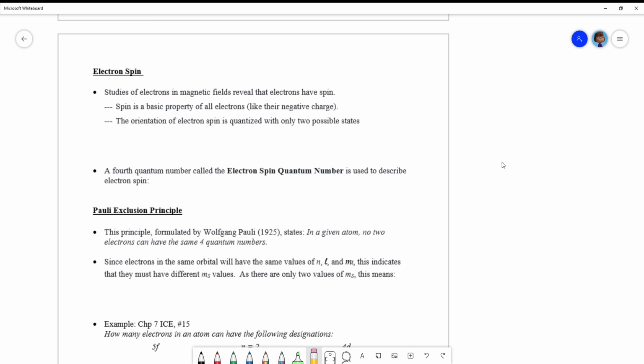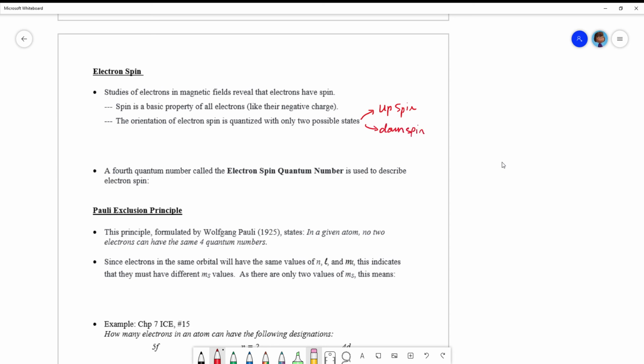Now, what is spin? Well, it's a basic property of all electrons, rather like all electrons have a negative charge. When we study spin, we find out that the orientation of electron spin is quantized with only 2 possible states. And we like to indicate those states as an upspin and a downspin.